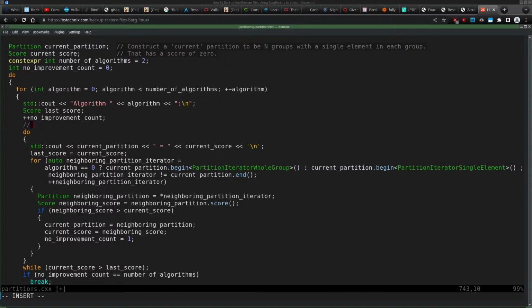Let me add some comments in here. Run algorithm. If algorithm found an improvement, run the same algorithm again.